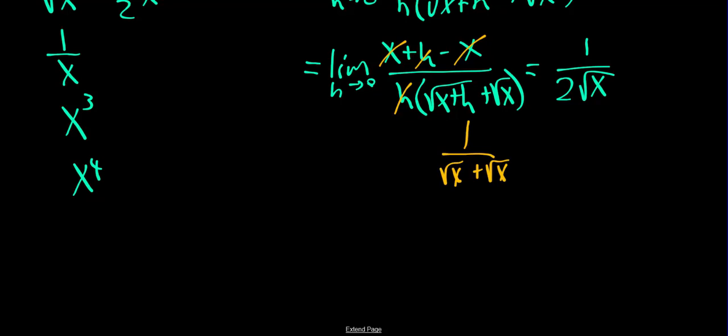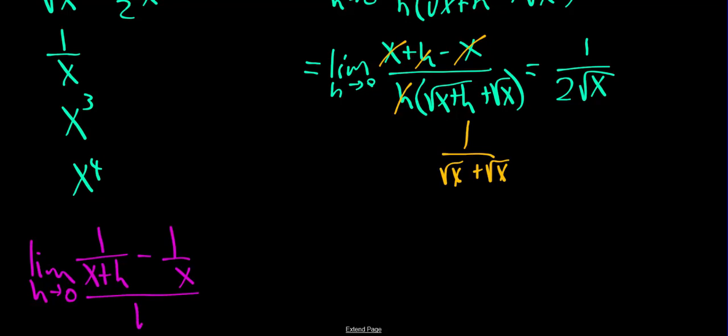So the next one we're looking at is the 1 over x. So we've got the limit as h goes to 0 of 1 over x plus h. There's the setup for that one. Now remember, there's a trick to that one as well.